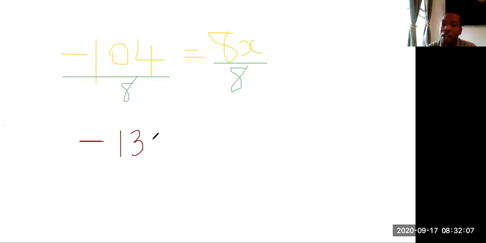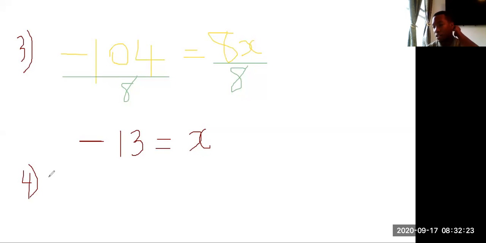All right, so then I do equal, and this is just x, because 8 cancels out 8. So x is equal to negative 13. That was number 3 on the first worksheet.